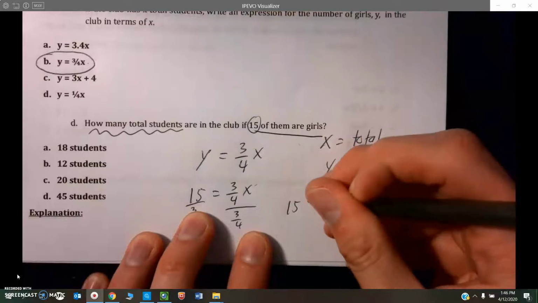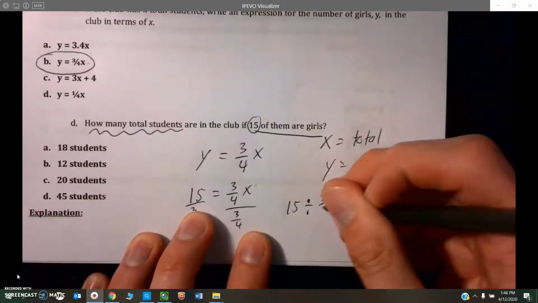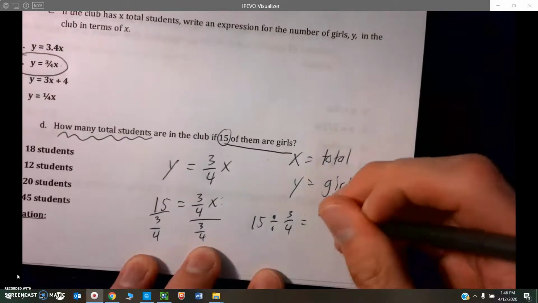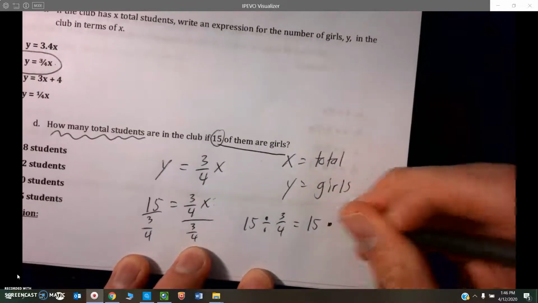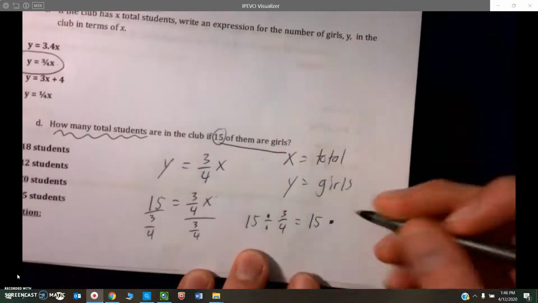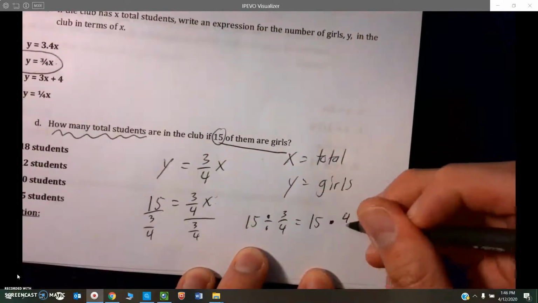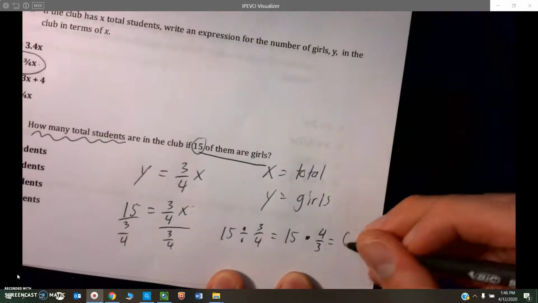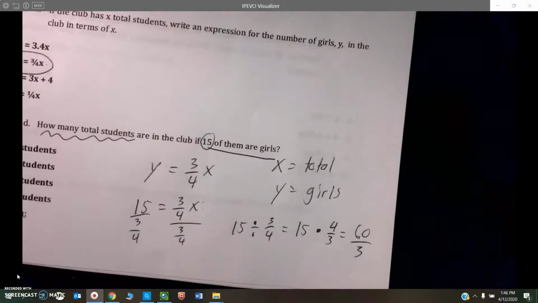And any time you do division with fractions, it's going to be a keep, change, flip. First number stays the same. We can turn division into multiplication, which is its opposite, and then we'll turn the fraction into its reciprocal, which is its opposite. And 15 times 4 is 60 over 3.